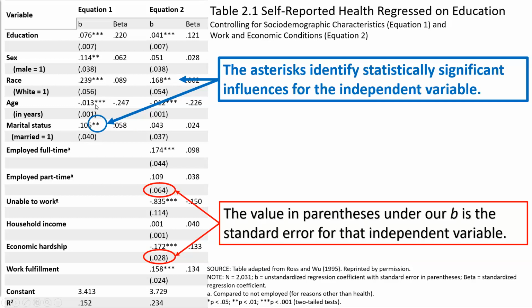And even for race, we have 0.239, which seems pretty large until we compare it to our beta coefficient, and then it has a much smaller impact than some of the other variables, such as education. The value in parentheses under our slope coefficient is the standard error for that independent variable.